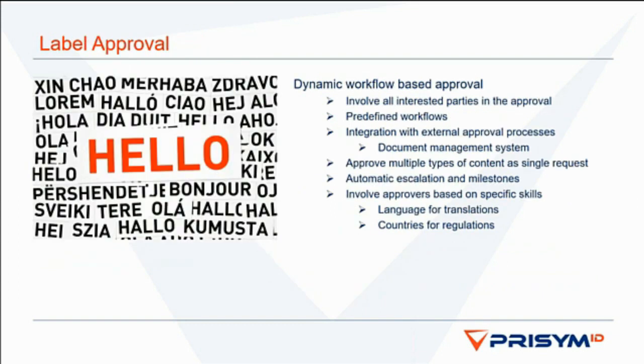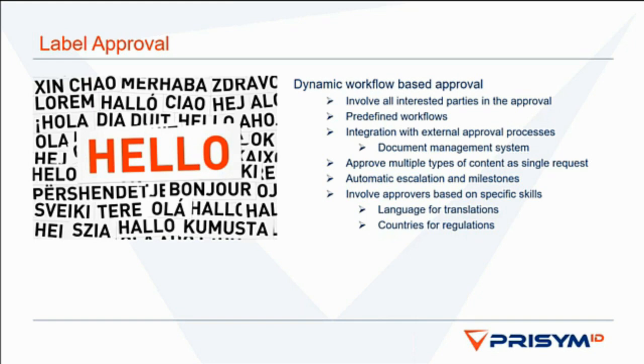Now, for your data to be compliant, you must have a version-controlled and an approval system to manage that data. You should be able to include all the information and display the content in such a way that it makes it easy and efficient for people to approve that content.